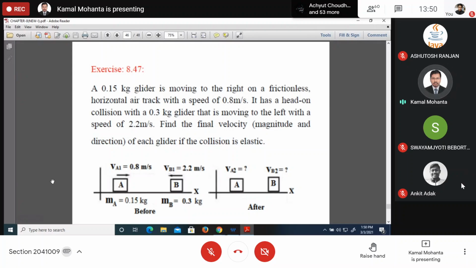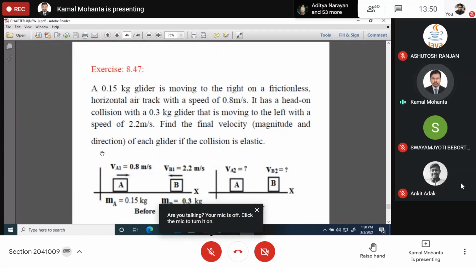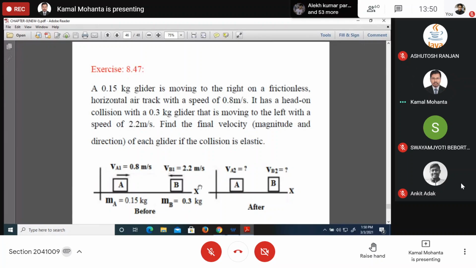So this is the situation shown. A is a body, B is a body, A has the mass 0.15 kg and mB is 0.3 kg. This is before collision. So velocity VA1 is 0.8 meter per second, VB1 is 2.2 meter per second. So you have to calculate the final velocity, magnitude and direction, of each glider, that means A and B, if the collision is elastic.